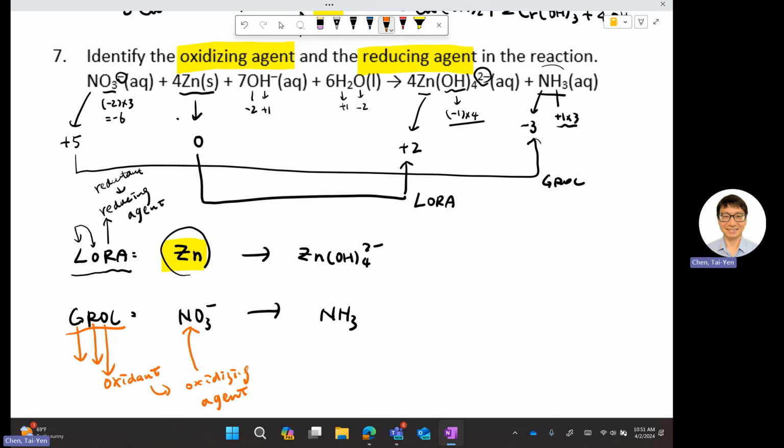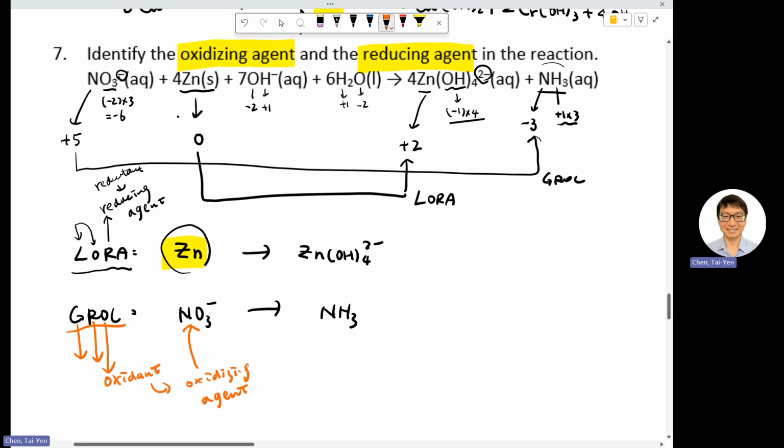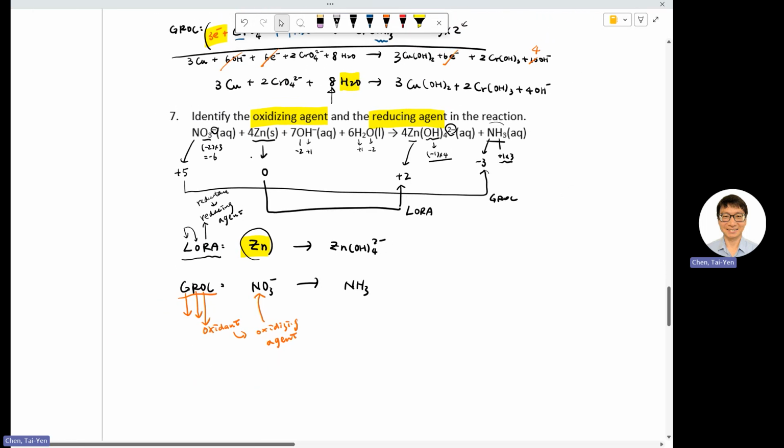Okay, so we spent most of the time in today's lecture discussing how you can balance a redox reaction. The most important thing is, can you identify the oxidation numbers of all the atoms inside your equations? And then you need to really get familiar with the 4 steps for balancing the redox reaction. The first step is to identify 2 half reactions, meaning you need to be really good at identifying who is your LEO and who is your GER.